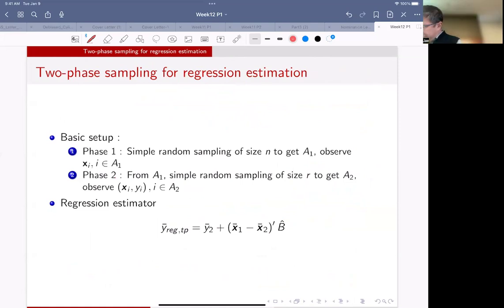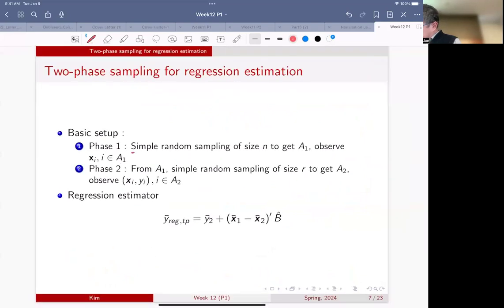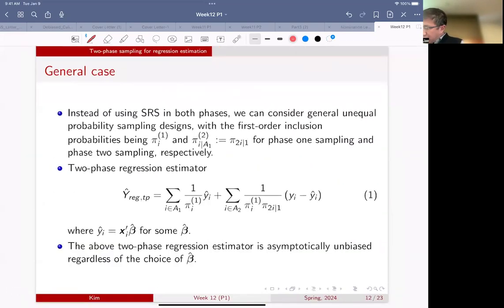So I will first start with a simple design. Simple design means simple random sampling and simple random sampling. This is, as I said, part one. And later, on page 12, I will cover a more general sampling design, with phase one and phase two.